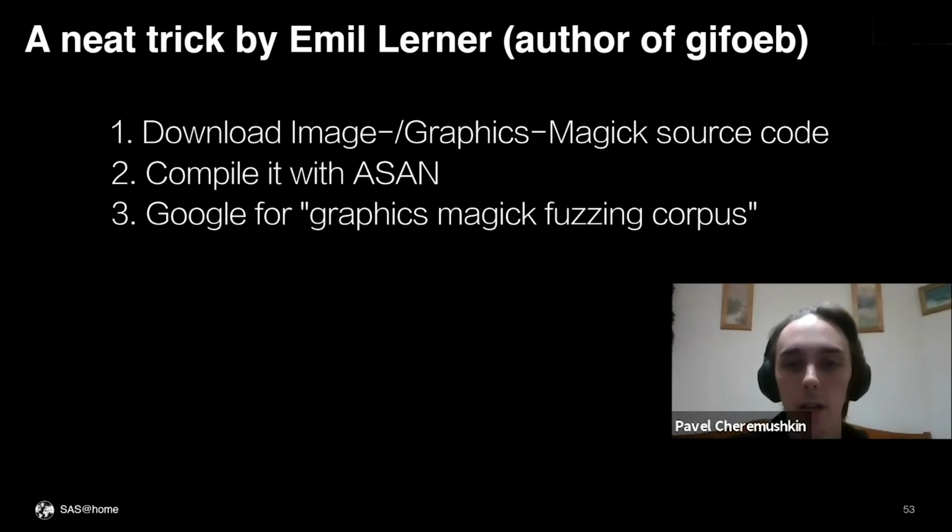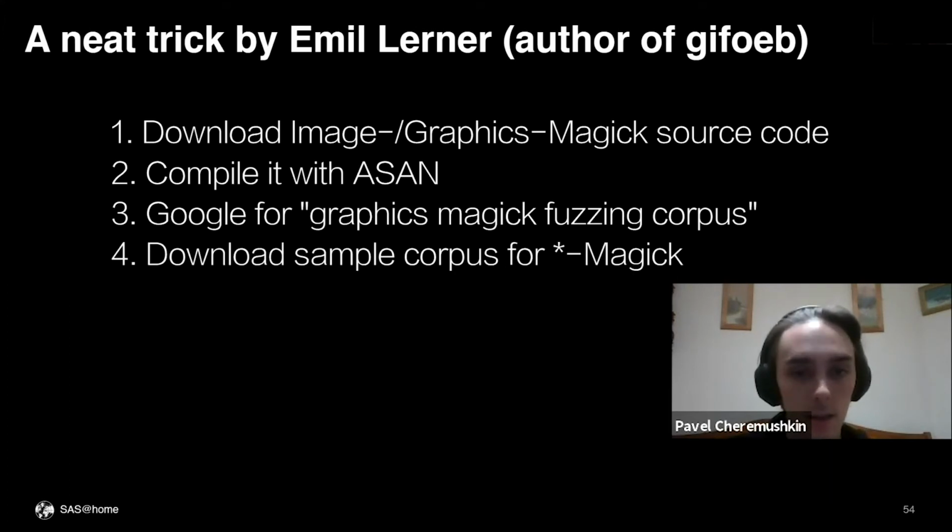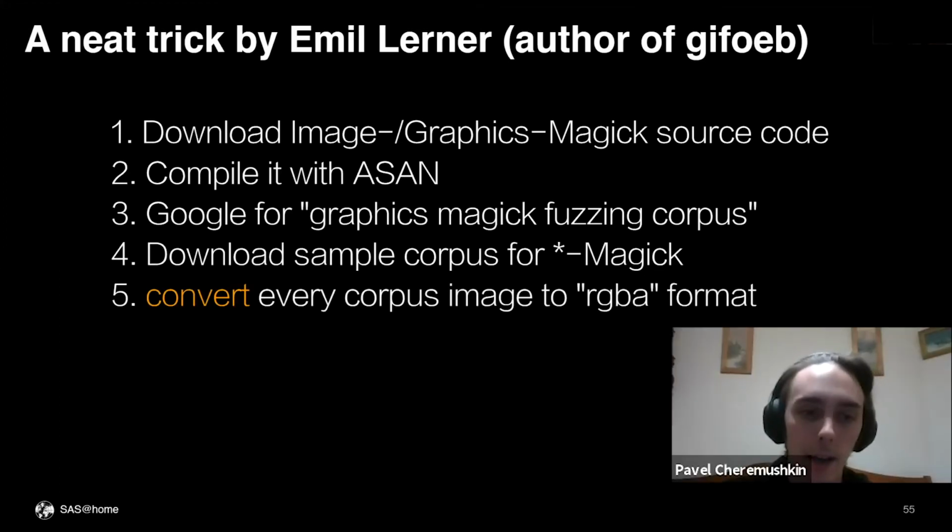Then he Googled for a GraphicsMagick fuzzing corpus and downloaded it to feed into ImageMagick or GraphicsMagick. Next, he used the convert tool to convert it to RGBA format.